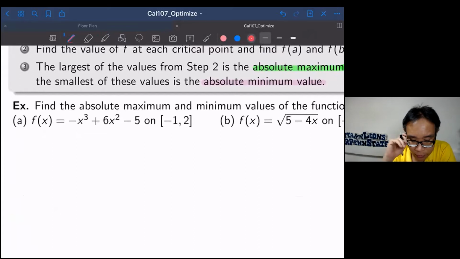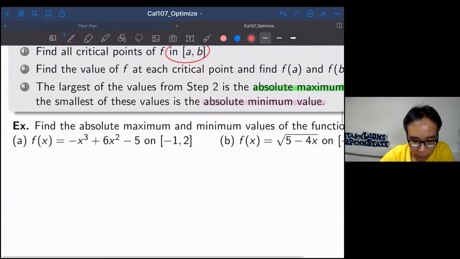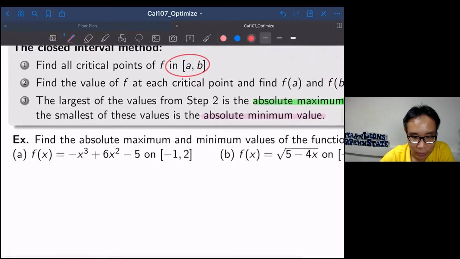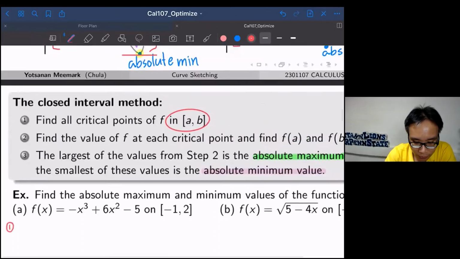So you have to determine the absolute maximum and absolute minimum value of the following function. f(x) equals negative x cubed plus 6x squared minus 5 on the interval [1, 2]. For the first step, you're gonna differentiate.